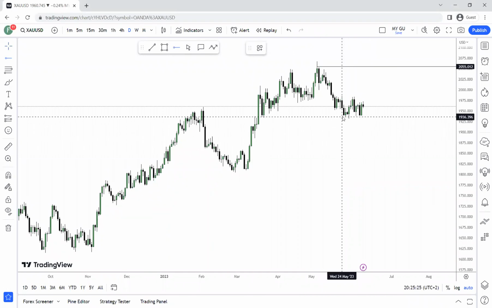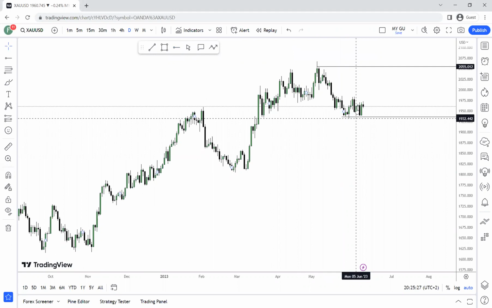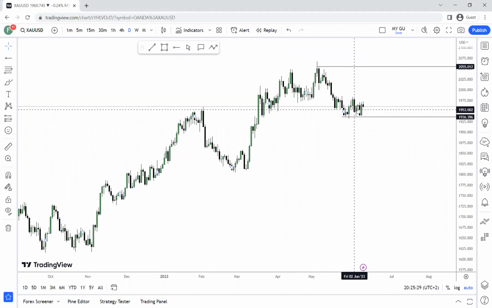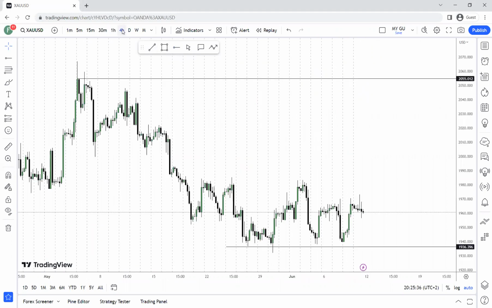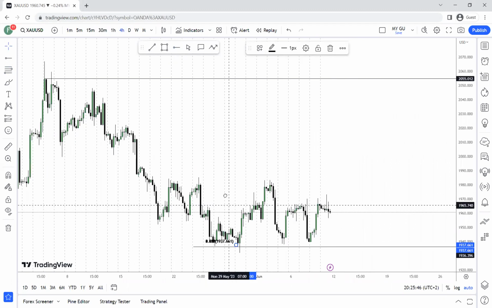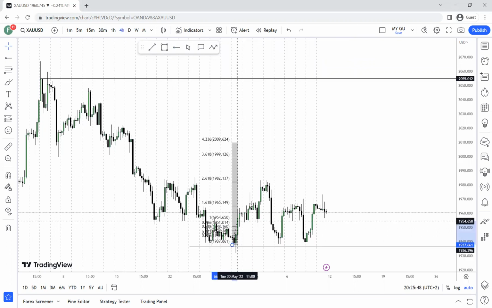And then if we look at the action that has happened here at the bottom, it looks like price is trying to reject. All right, so if price might be trying to reject, let's go on the 4-hour time frame. On the 4-hour time frame, we will then take our Fibonacci, and then you put the 0 where price has made a high, and then you drag it up.